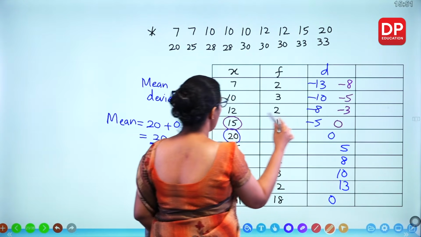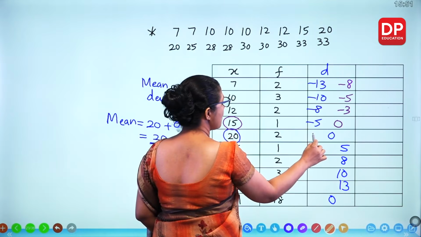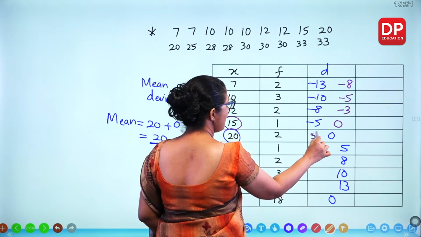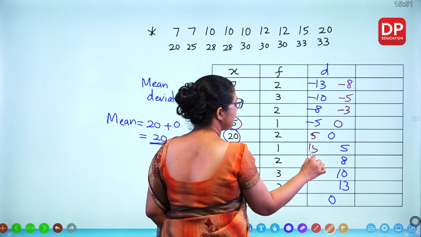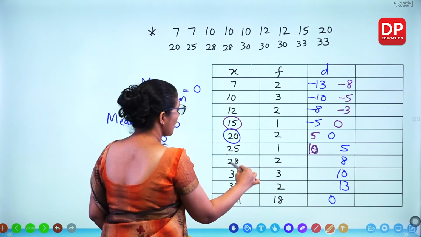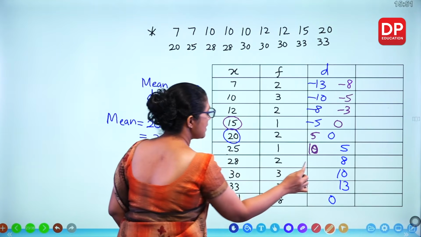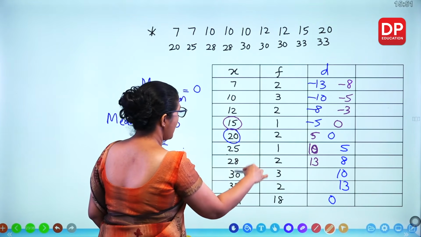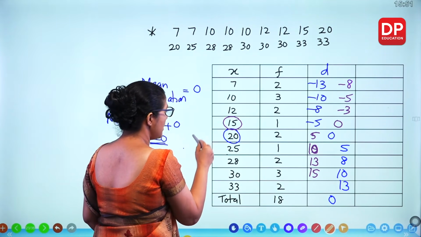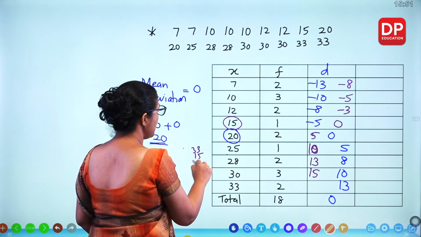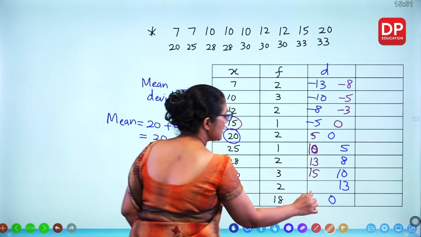Here you get 0 and this side you get 5. 15 and 25, you get 10. 28 and 15, 13. And 15 here. And this one, 33 and 15, you get 18.